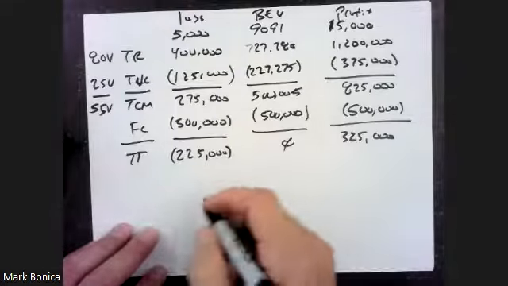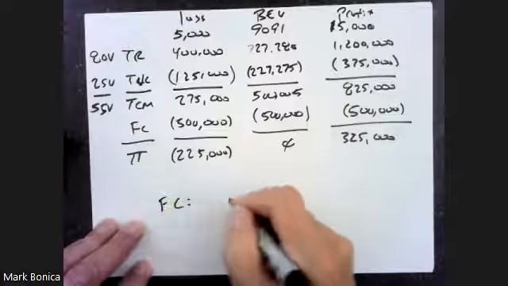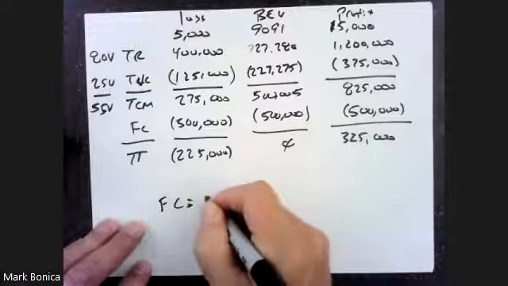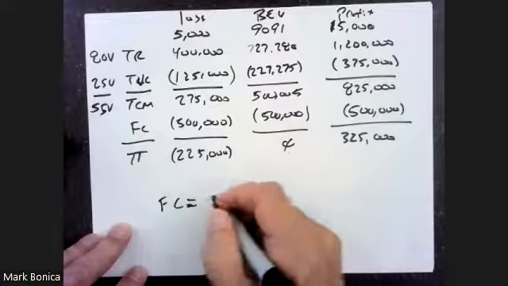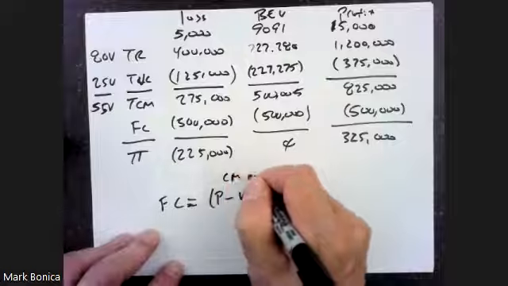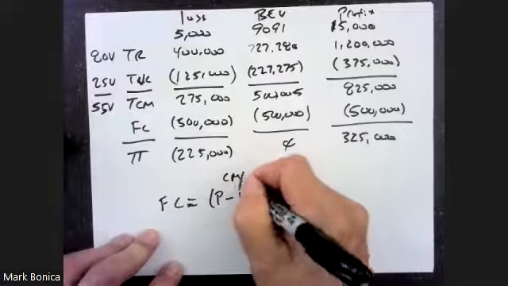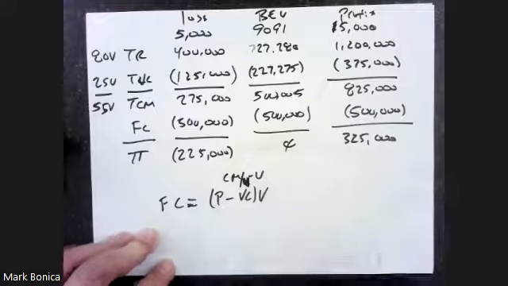You could say that the break-even function, so this is a shortcut for break-even calculation, is fixed costs equals price minus variable cost times volume, right? In other words, contribution margin per unit times the volume.